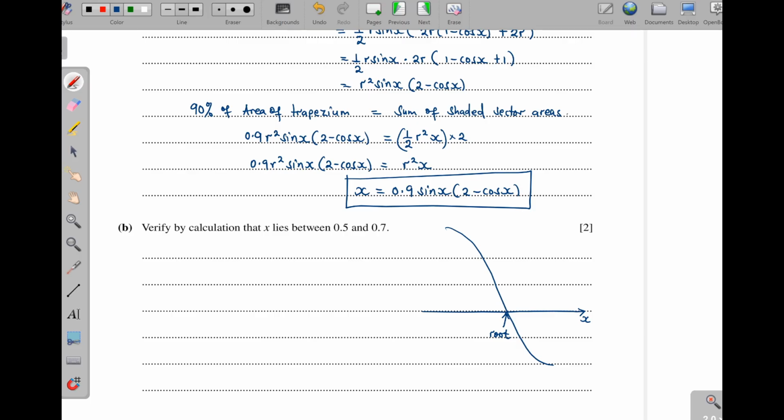Then we can see a value of x that is on the left of the root. Then also there's a value of x on the right of the root. This value of x on the left of the root can correspond to a y value that is above the x-axis. And this one here is going to be a positive value.